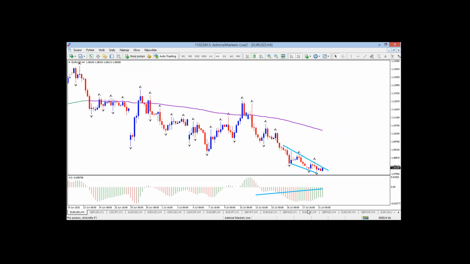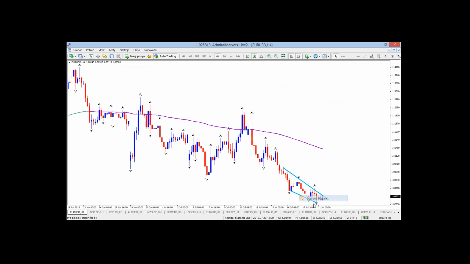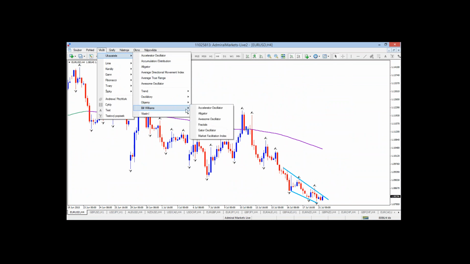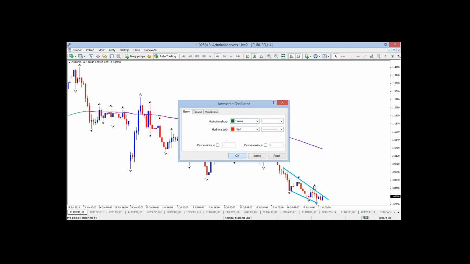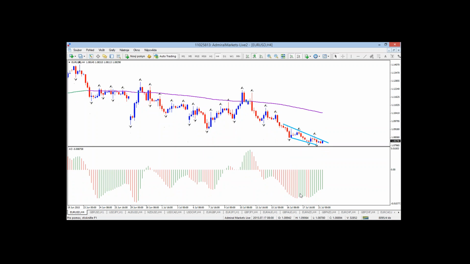On the 4-hour chart, you can see that the oscillator is green. The bars are green. That means it's below the zero line here, but it's retracing back. There's a retracement going on.